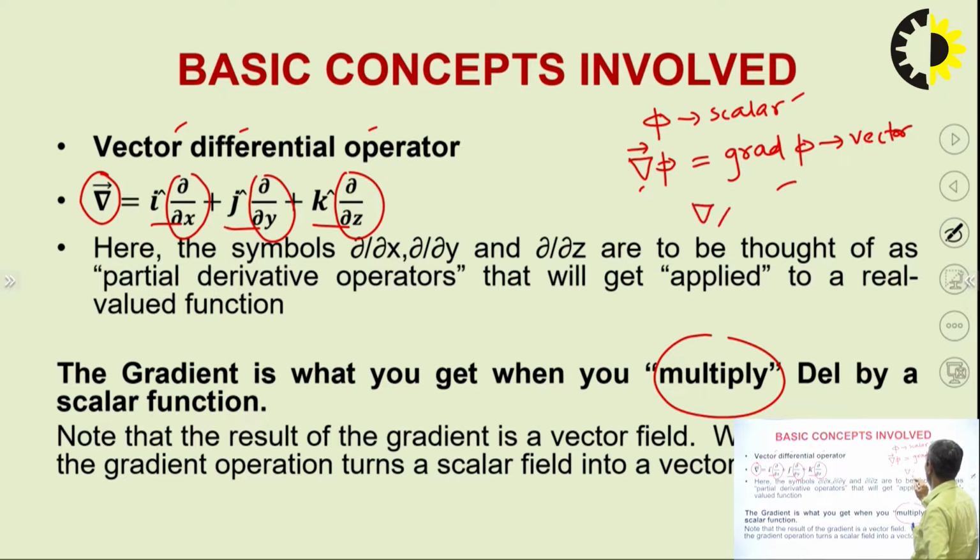Suppose vector. In case of vector, there are 2 kinds of multiplication. One is dot product. When we take dot, it is known as divergence of A. A is a vector field. We have 2 kinds of field: one is scalar field and another is vector field.